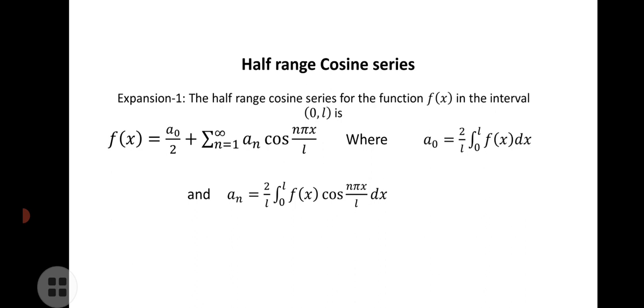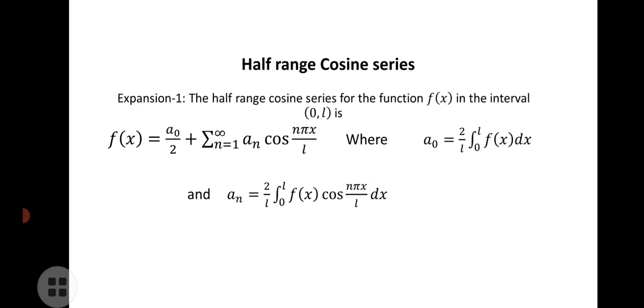That is, the range of integration is L. The Fourier series of a half range even function is given by f of x is equal to a naught divided by 2 plus summation n is equal to 1 to infinity a n cos n pi x divided by L, where a naught is equal to 2 divided by L integral 0 to L f of x dx and a n is equal to 2 divided by L integral 0 to L f of x cos n pi x divided by L dx.